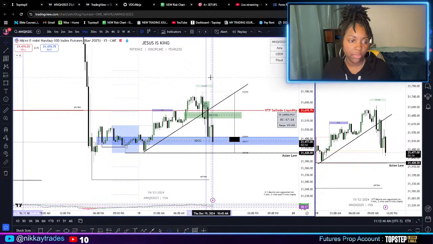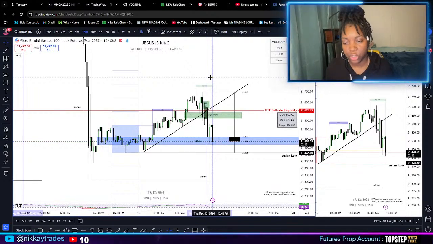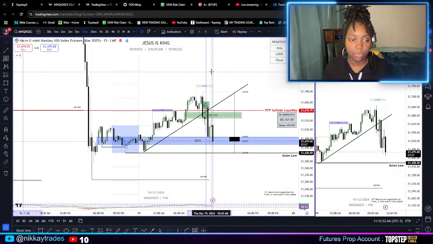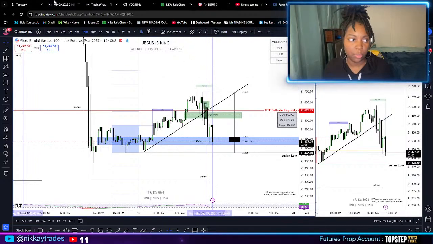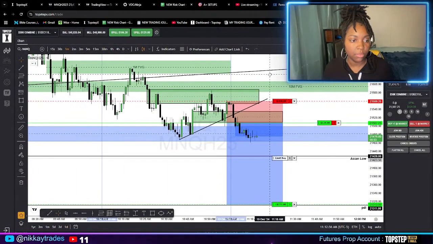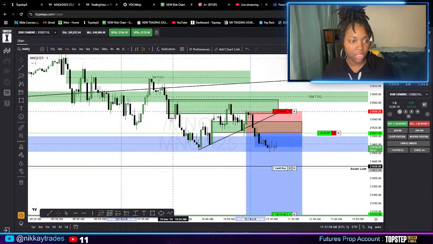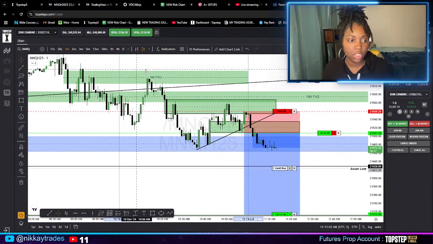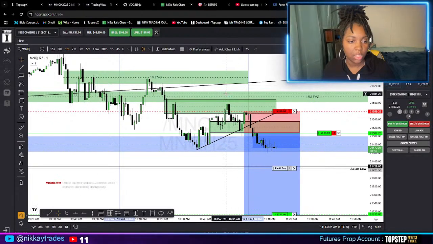I just saw a wedge setup, because I trade wedges as well, so I was just looking for a wedge setup. It's still a silver bullet inside of that though, because for the 10 to 11, it's still rejected off of this. So technically this was the silver bullet for this time frame, and it's continuing to drop off here.